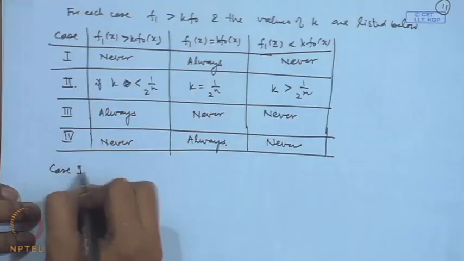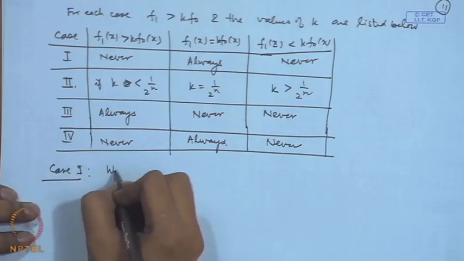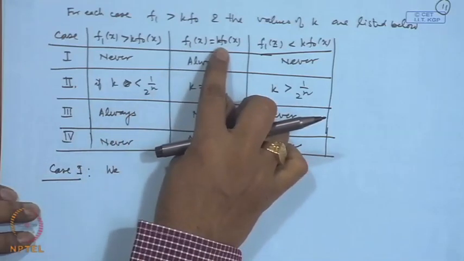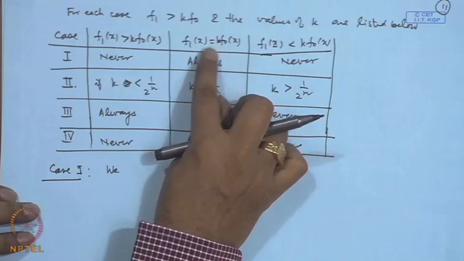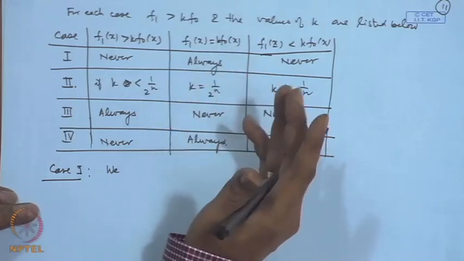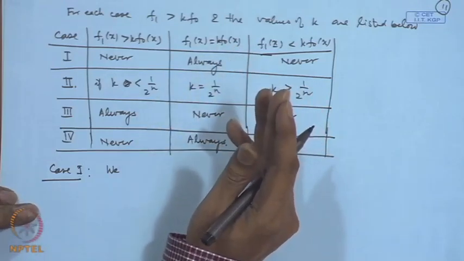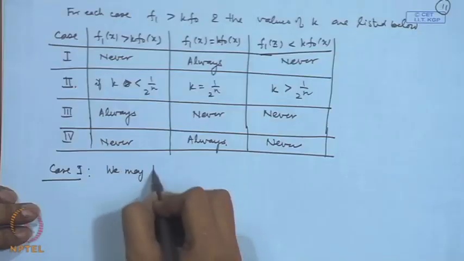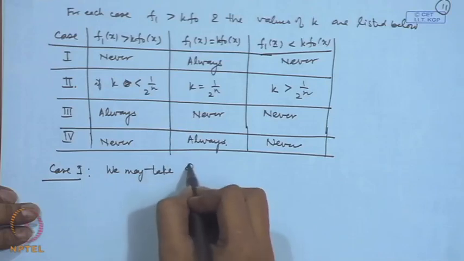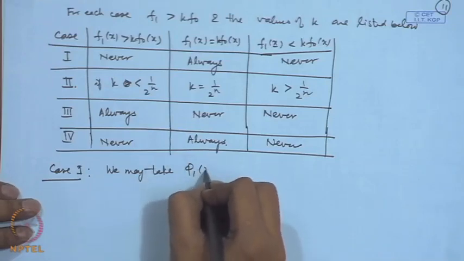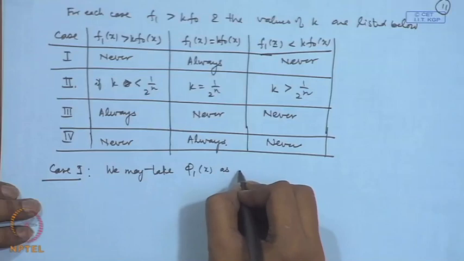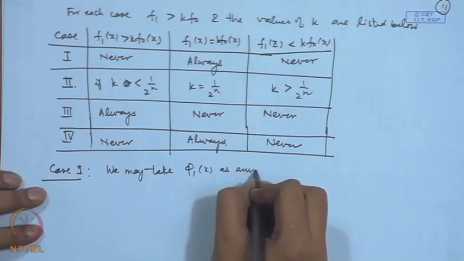in case 1, since f 1 is equal to k f naught is always true, therefore, whatever be the value of phi 1, it does not make any difference. So, we may take phi 1 as any value.